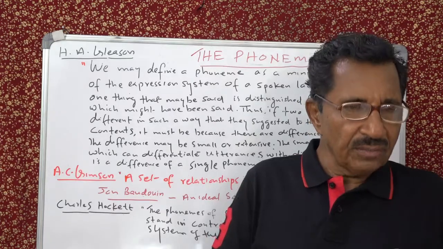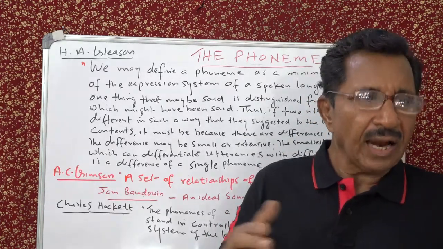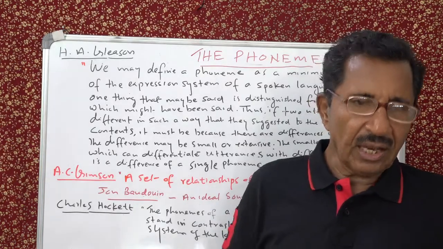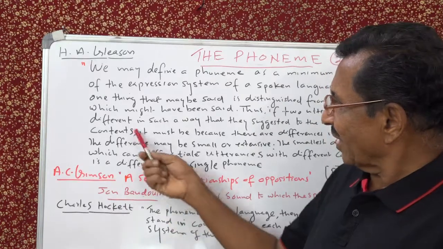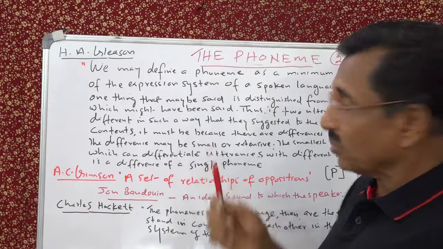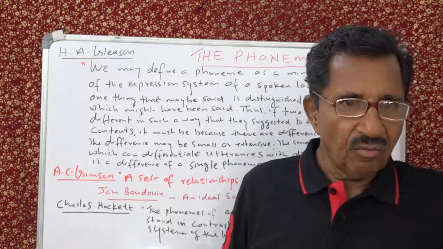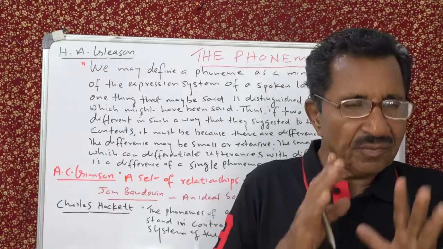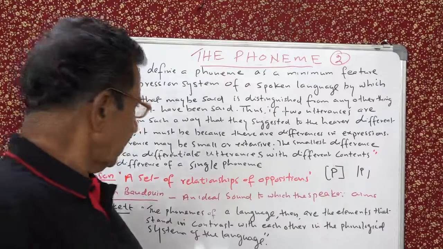That is, the function of phonemes is to show differences between utterances or words. The difference may be small, or the difference can be extensive. Whatever it is, the function of a phoneme is to show difference.